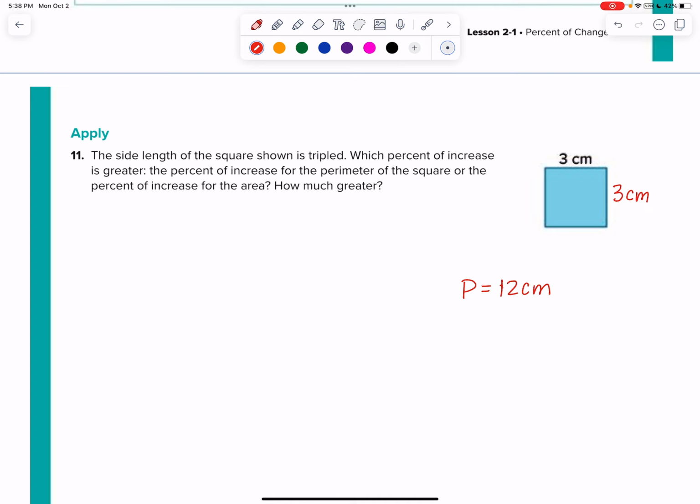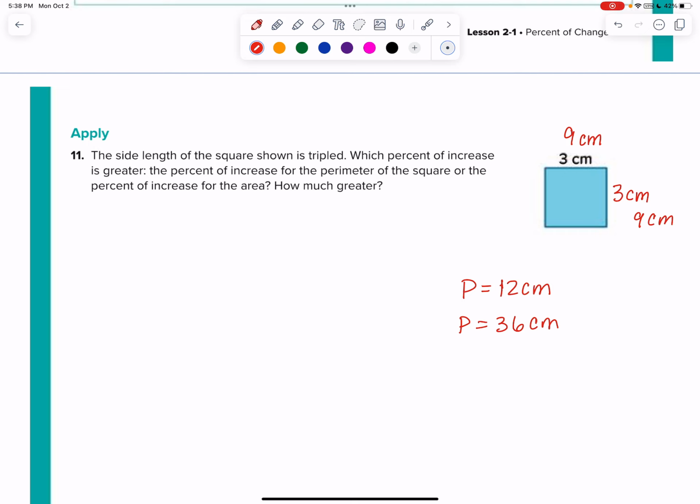Now, if the side length is tripled, that means I would have 3 times 3, I would have 9 centimeters by 9 centimeters, okay? So I have 9 plus 9 plus 9 plus 9, or 4 times 9 equals a perimeter of 36 centimeters. Okay. All right.